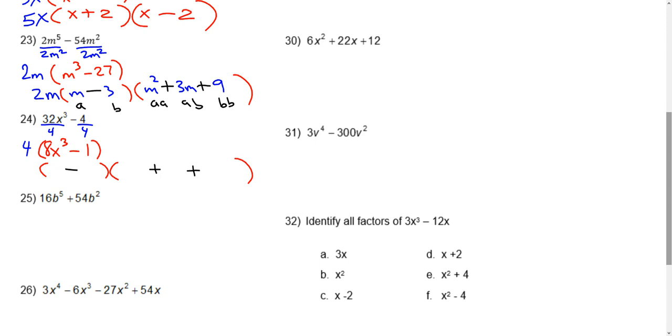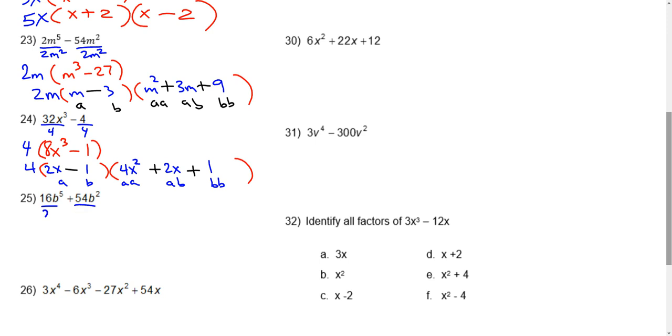Cube root, so cube root of 8 is 2, so it's 2x. Cube root of 1 is 1. AB, AA, AB, BB. So A times A, 2x times 2x, 4x squared. 2x times 1, 2x. 1 times 1 is 1. Pull down the GCF. Just keep it in the front. There's your answer. Next one.